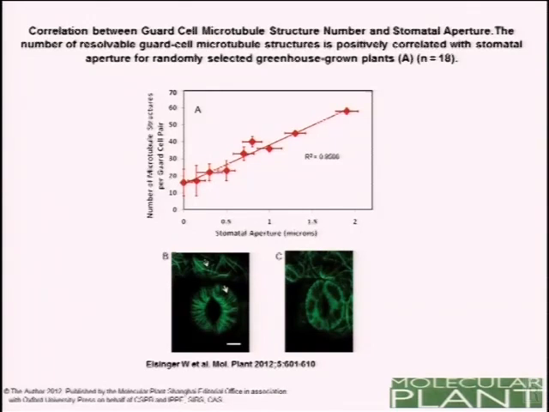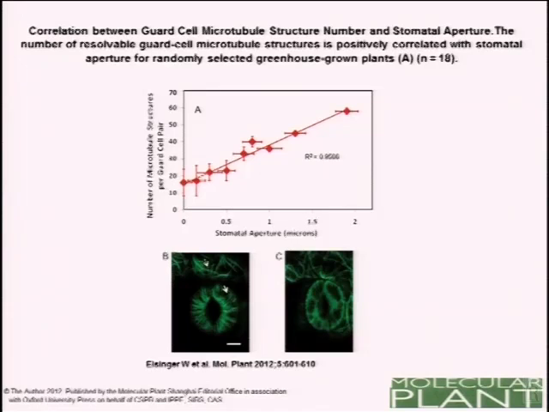But in the meantime, he showed that, for example, the number of these microtubule structures that you see when the guard cells are apart and the stomata are open is closely correlated with stomatal aperture. So these are just plants that were taken out of the greenhouse, and he measured the stomatal aperture, and then he counted the number of these structures he could see.